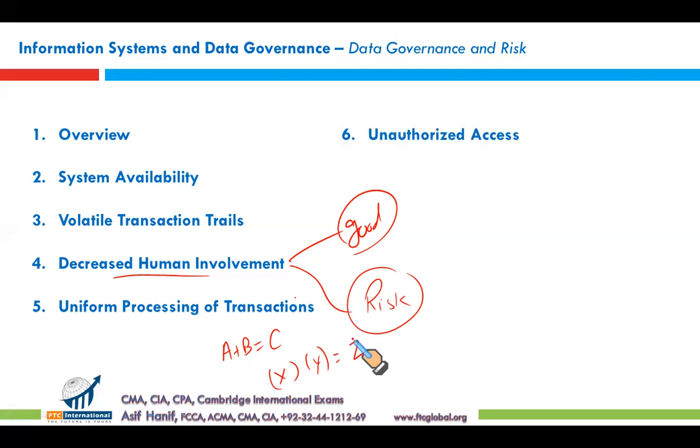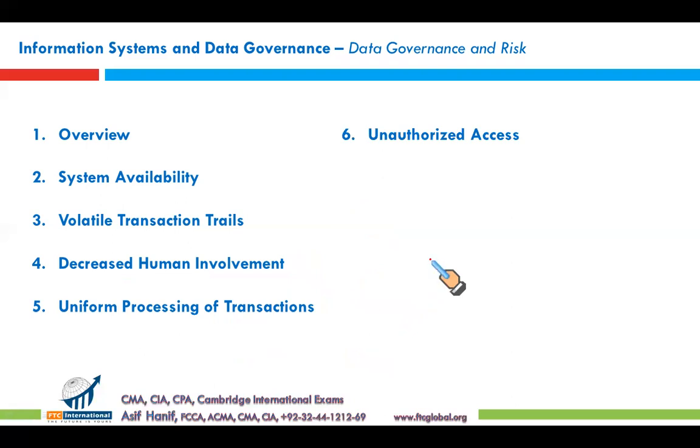Next, the sixth point, unauthorized access. Computer-based systems may be exposed to it, because when you're running your organization in a paper-based environment, there is a clear boundary, papers can be seen moving around. So there is little risk from external access to your documents.